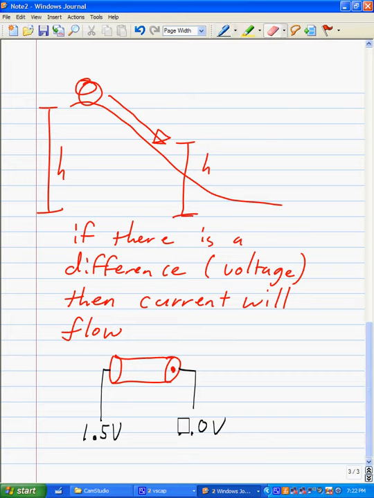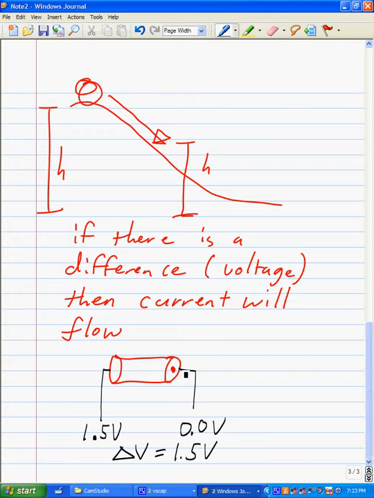So the difference, the change, right? Remember, triangles mean deltas. Those mean change in voltage, or volts. That's the voltage, 1.5 volts. So electricity will move from one end around to the other if I connect it with a wire. If I give it a path, it'll do that.